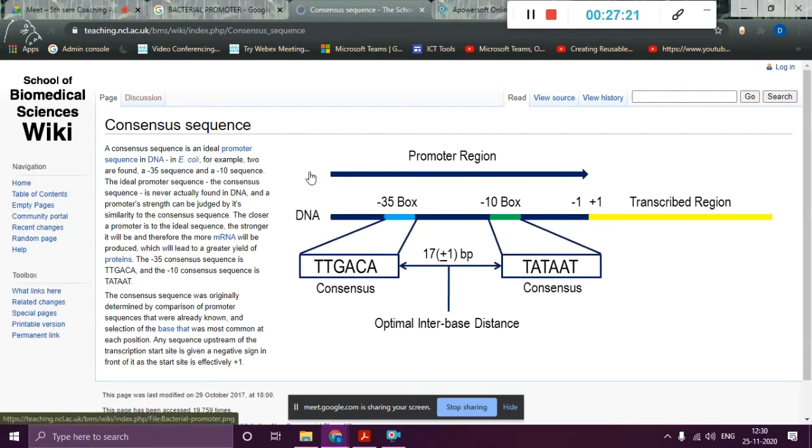So have a look at the bacterial promoter region.